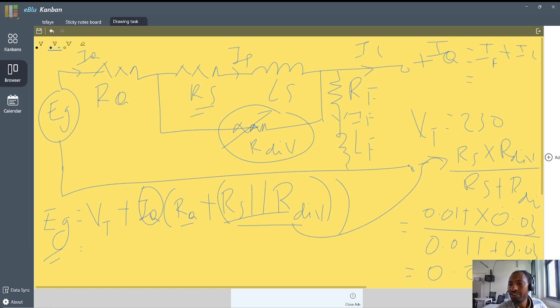What is IF? Similar to the previous, VT divided by RF. What is VT? 230, divided by RF. RF is already given, 92. Plus IL is given directly. How much? 150.